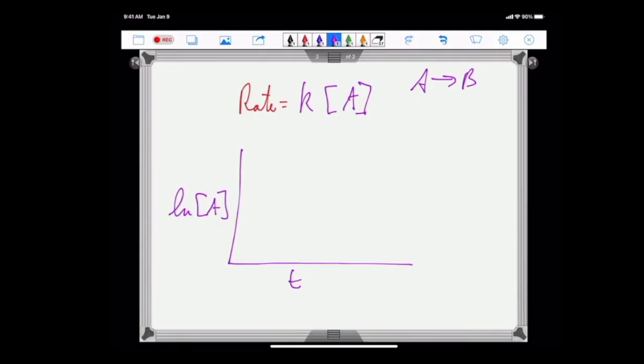Positive or negative? Straight line and always negative. Remember, your slope here is always equal to negative K. K is always a positive number. There's no such thing as a negative rate constant. Does not exist. You find one, call Switzerland, Sweden, wherever the Nobel Prize comes from, you win. Not a thing. So this must always be a negative line, straight.